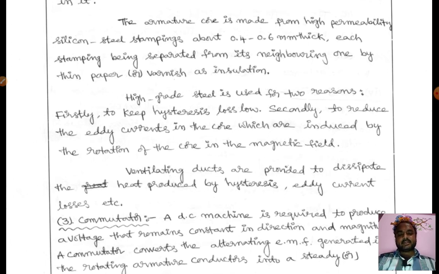First one is to keep hysteresis loss low. Secondly, to reduce eddy current in the core, which is induced by the rotation of the core in the magnetic field. Ventilating ducts are provided to dissipate the heat produced by hysteresis and eddy current losses.